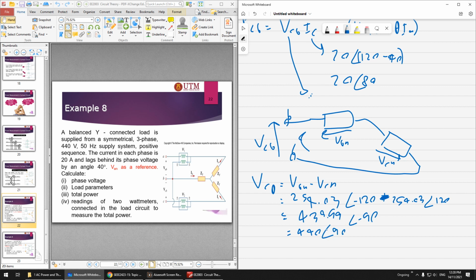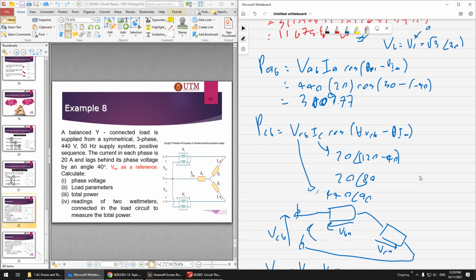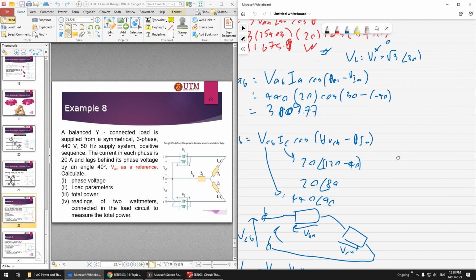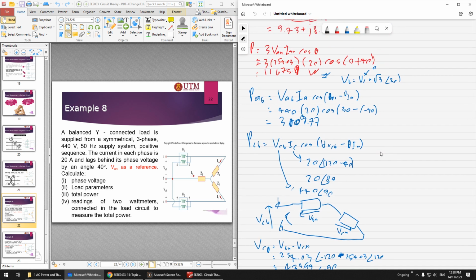So use this formula back. This one is 440 angle 90. So this one is 440 times 20 cos theta.